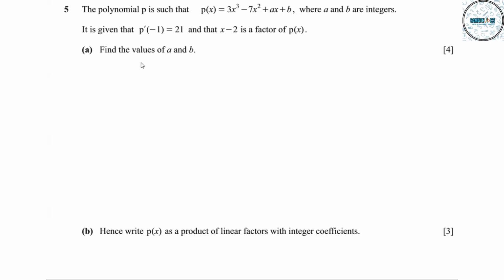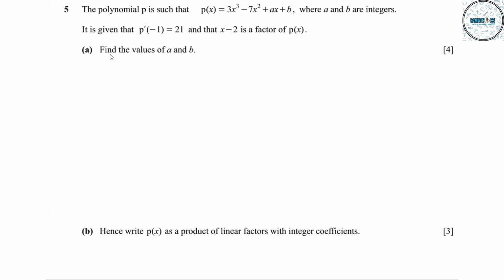For those two equations, they have given two conditions. One condition is that when you differentiate this p of x and substitute minus 1 into that, it is equal to 21. Another condition is that x minus 2 is a factor of p of x. So you will take the value of x from here and substitute it in that, which will be equal to 0, because the remainder is 0 if x minus 2 is a factor.